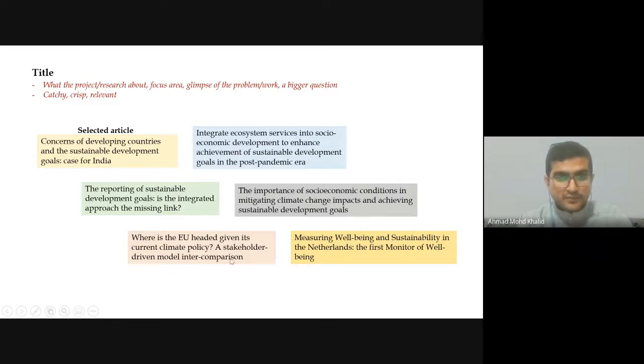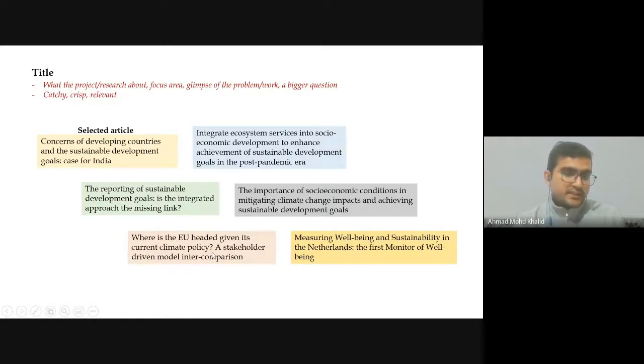For example, I have taken other titles from some of the recent works in this area. A title can be a question also. For example, see the third one to the left bottom. Where is the EU headed given its current climate policy? A stakeholder-driven model intercomparison. So, what do we learn?